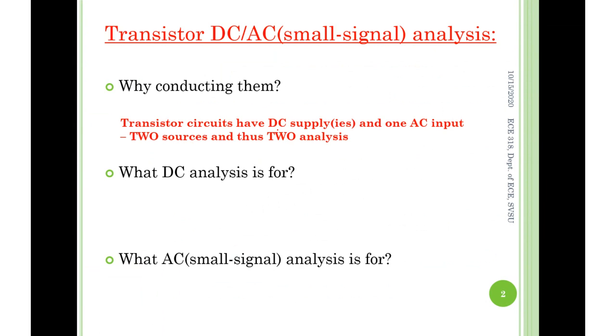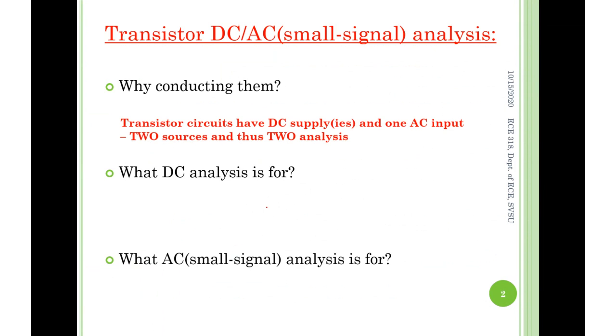That's why we always still have two analyses: one is DC, including maybe only one DC supply or maybe two, and the other is the AC analysis. The principle behind this is just superposition. You have two independent sources, you conduct them individually and separately, and the final total result is the sum of the result from each one of them.